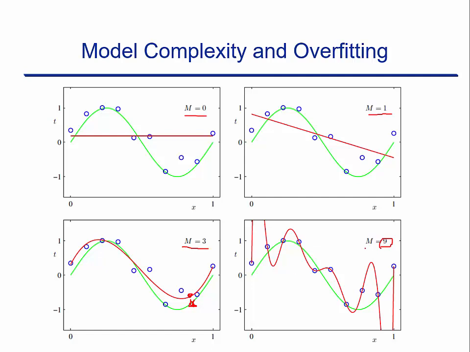However, using a more complex model like M equals 9, which is fitted by these 10 data points, the corresponding estimation is very far from the true value. So this is why we say if we do polynomial regression in this way, the model with M equals 3 fits the data set much better than the model with M equals 9.